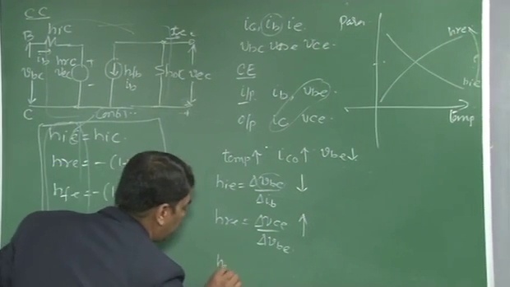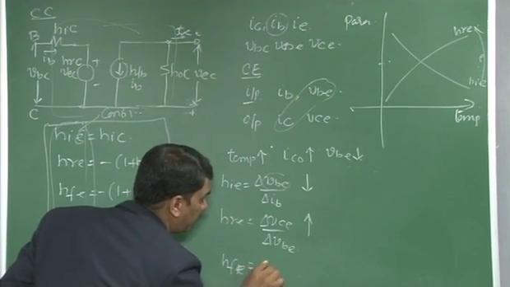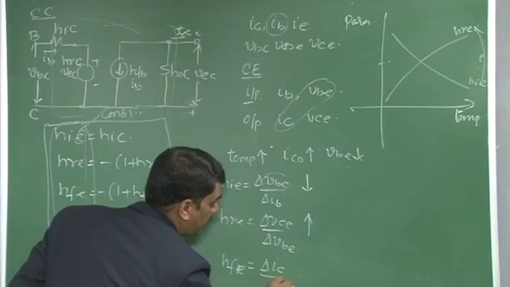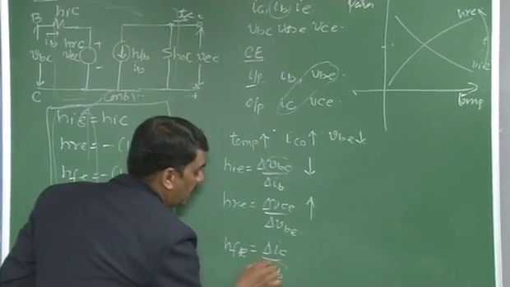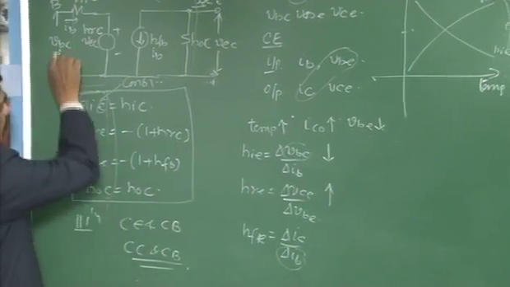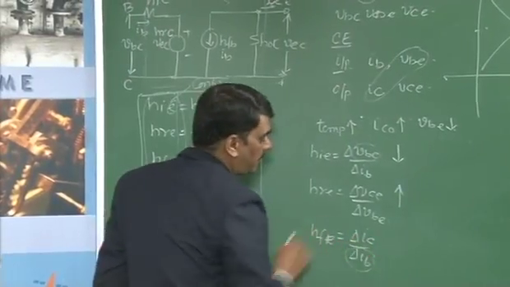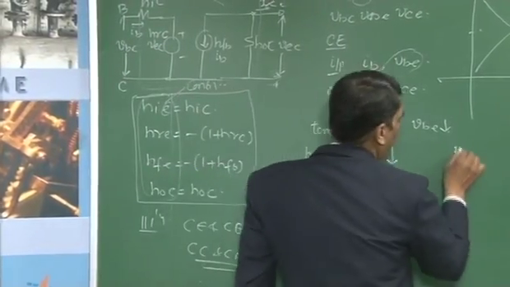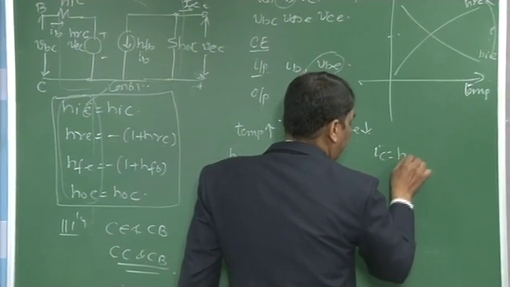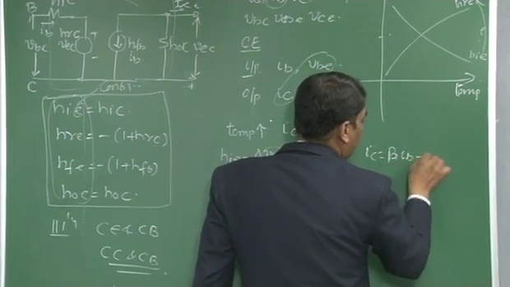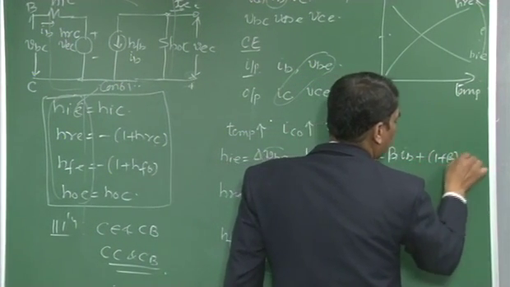And HFE, HF is equal to delta IC by delta IB. IB depends on the input voltage, but IC depends on the following, where we know that IC is equal to HFE, that is beta, times IB plus 1 plus beta times ICO.